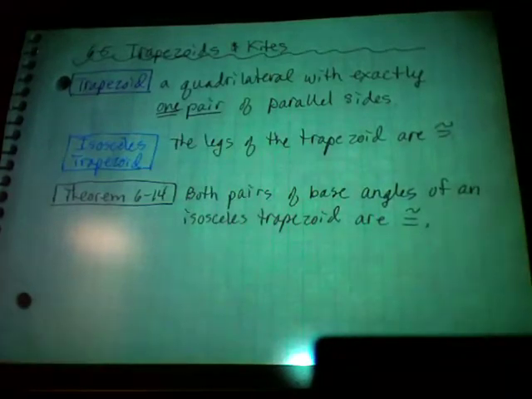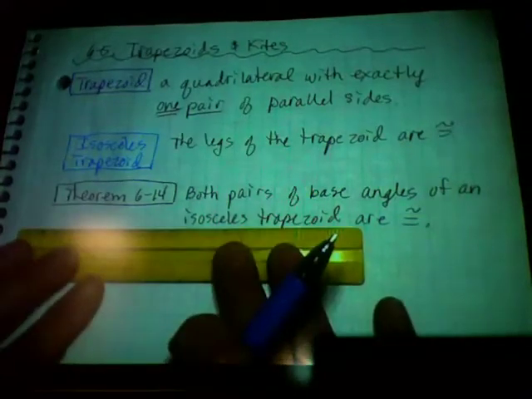So here's a little picture of the isosceles trapezoid. It might look like this.